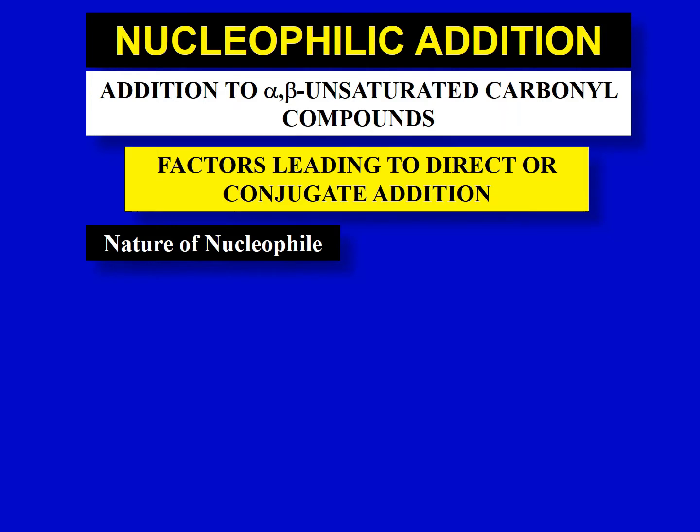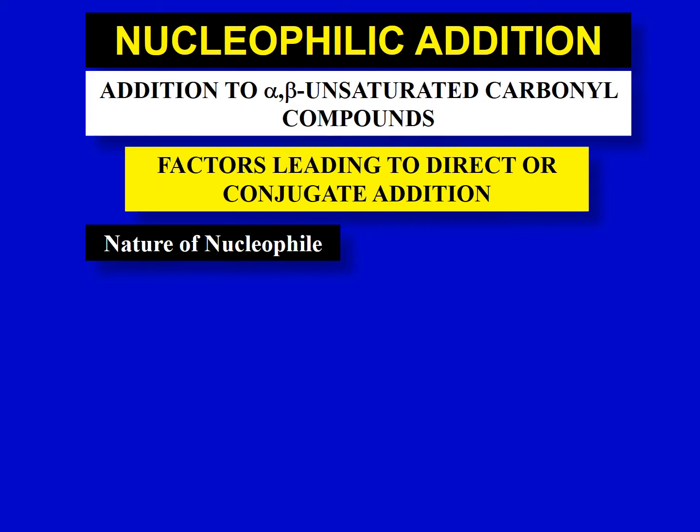Hello everyone. We have been discussing the effect of different factors on the fate of addition reaction to alpha beta unsaturated carbonyl compounds. Previously, we have discussed the effect of reaction conditions and the structure of the molecule.